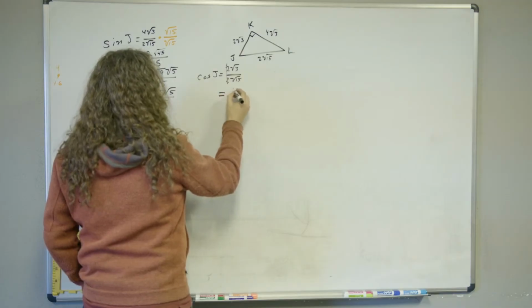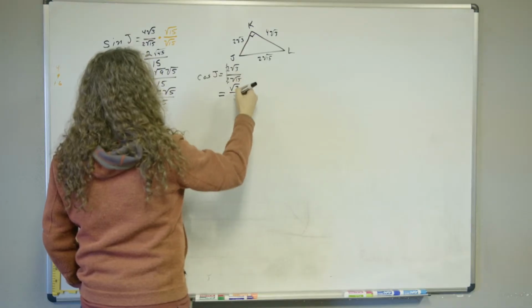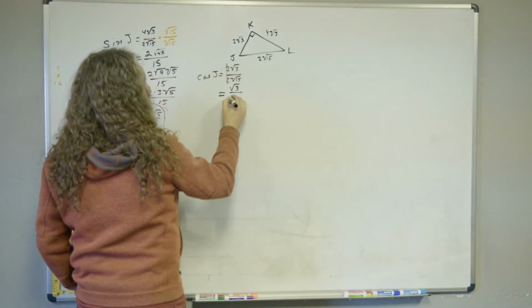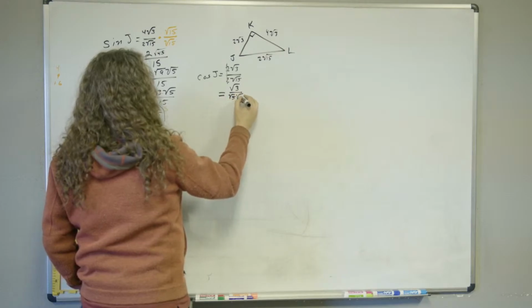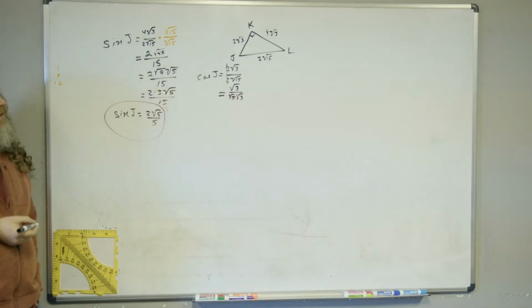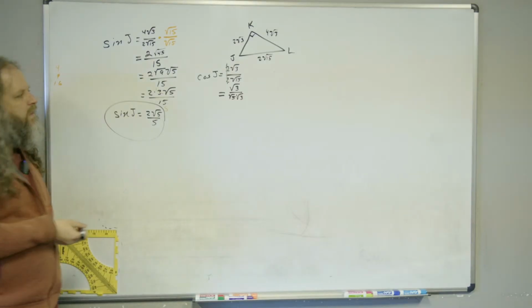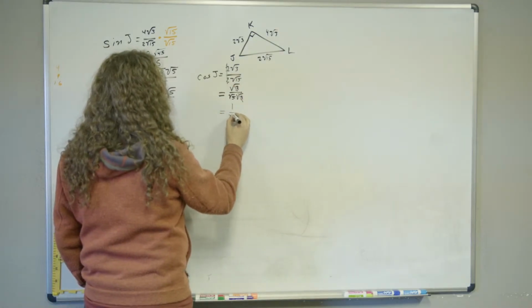So in the bottom, instead of multiplying by the square root of 15 on the top and bottom, what if we turn the bottom into the square root of 5 times the square root of 3? Because 5 times 3 is 15, right? Now what happens to those square roots of 3? They cancel out. So now we've got 1 over the square root of 5.